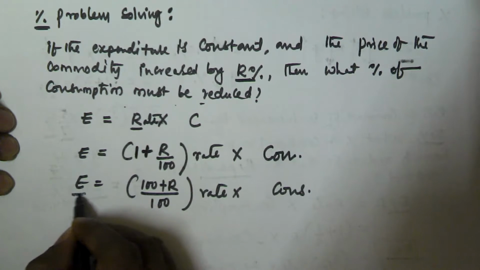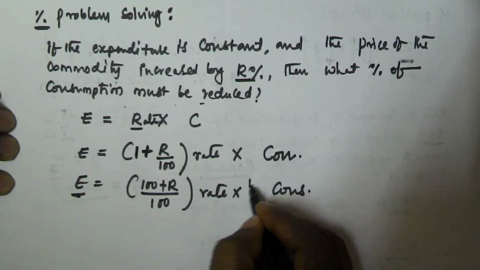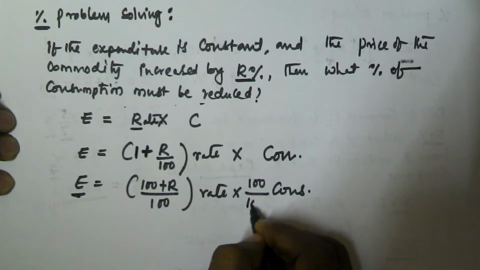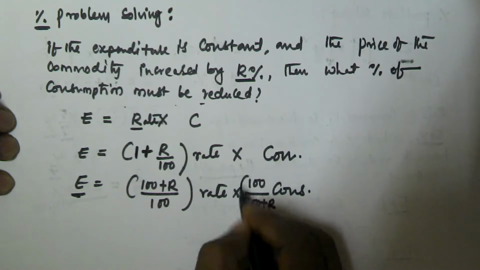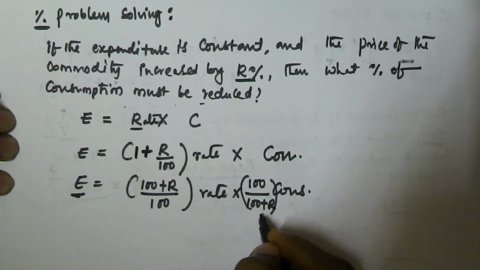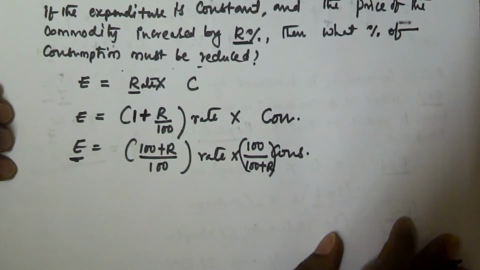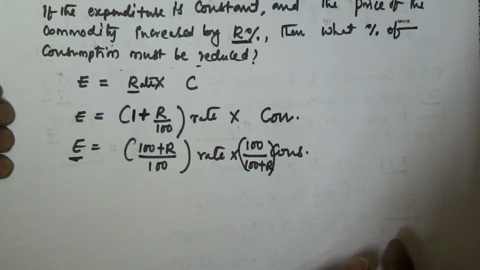But to keep expenditure constant, we have to multiply consumption by 100 by (100 plus r). Then 100 will cancel, 100 plus r and 100 plus r will cancel, and the expenditure will remain constant.